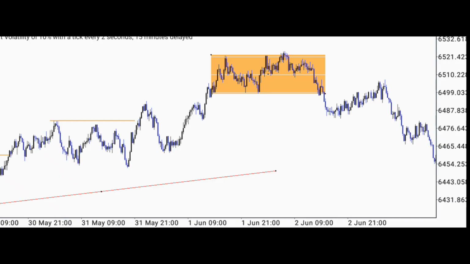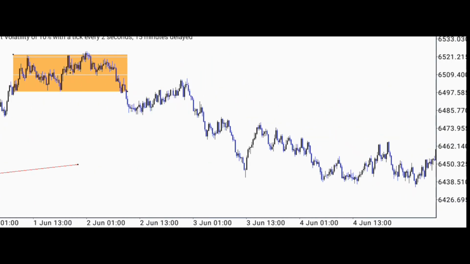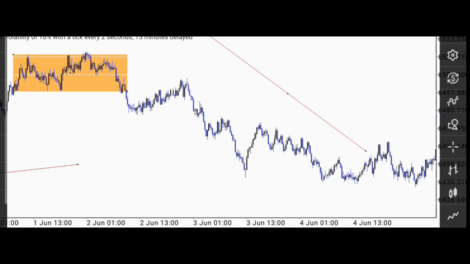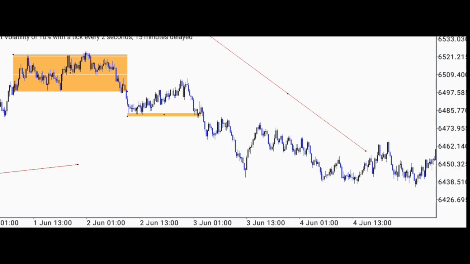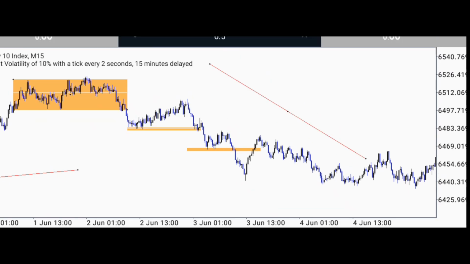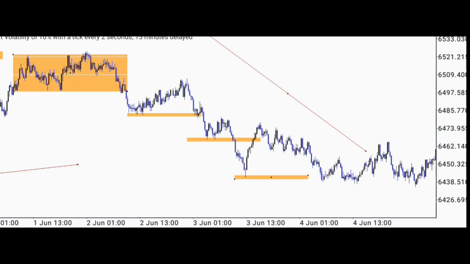This is the ranging market, and after the ranging market, you can see a nice movement to the downside. This is your break of structure. This is another break of structure. So as you can see, this is how you identify the uptrend, the ranging market, and the downtrend.